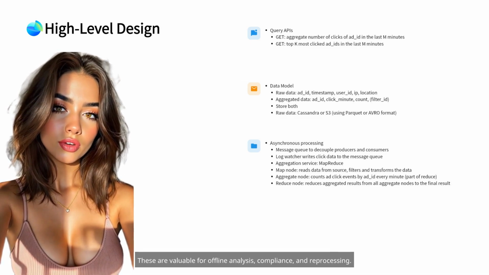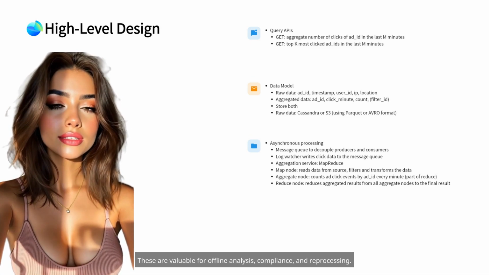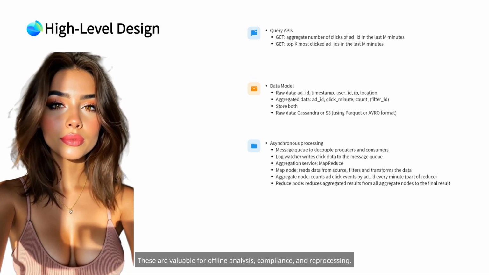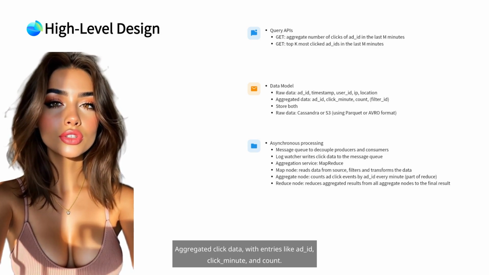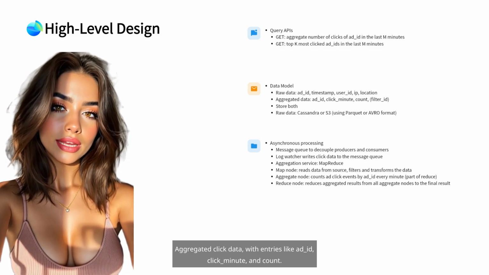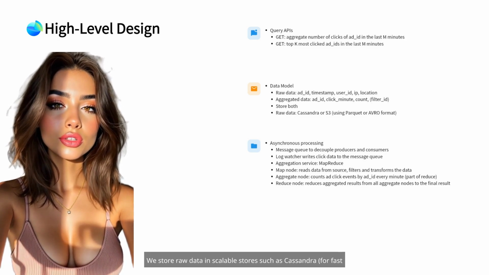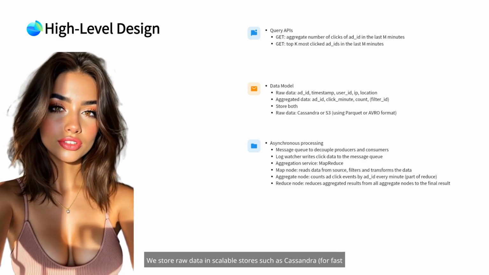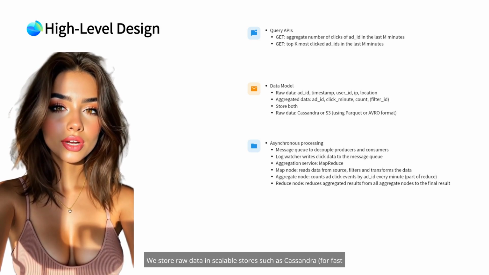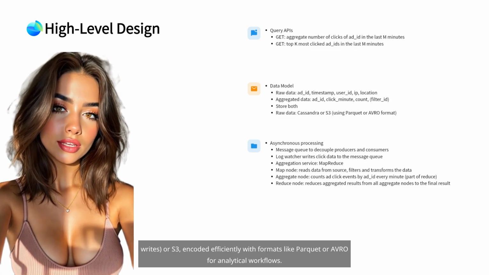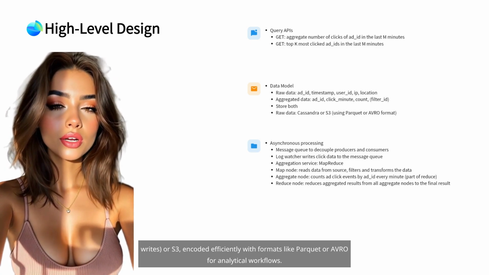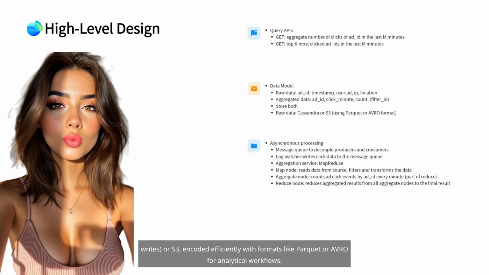These are valuable for offline analysis, compliance, and reprocessing. Aggregated click data, with entries like ad ID, click minute, and count. This pre-aggregated format supports low-latency querying. We store raw data in scalable stores such as Cassandra for fast writes, or S3, encoded efficiently with formats like Parquet or Avro for analytical workflows.